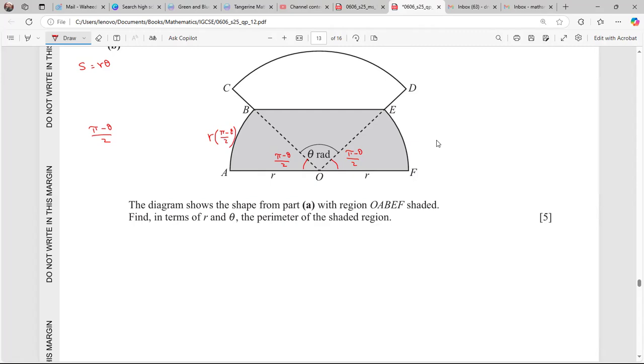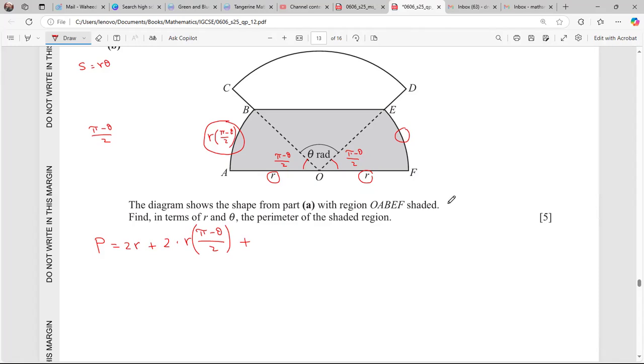So the perimeter P is equal to this R plus this R. This is going to be 2R plus now this length and the same this length. It is going to be 2 times R into pi minus theta over 2, right? Now plus finally this length BE.